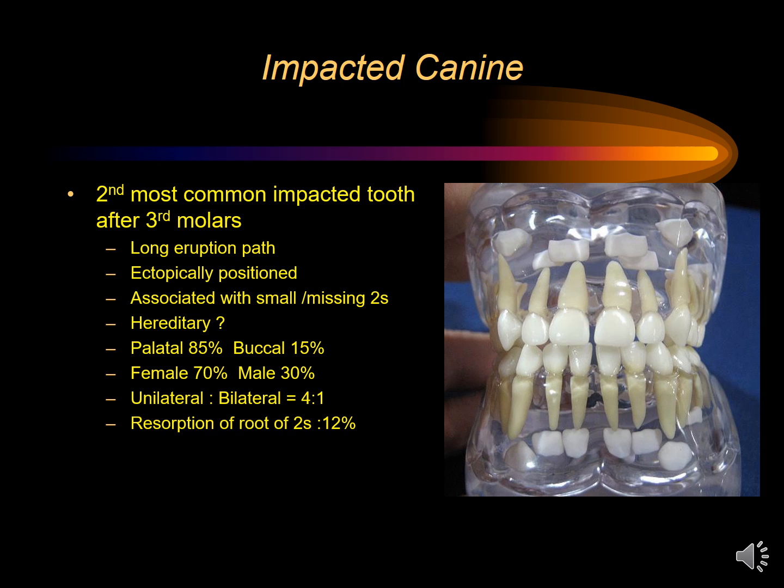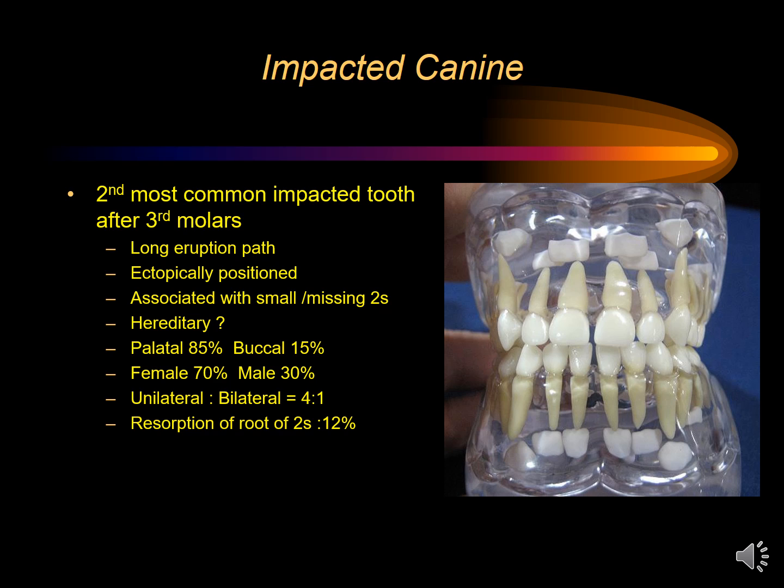Why the canines very frequently get impacted is because developmentally the canine develops close to the nasal floor, and thus it has a long eruption path to reach its final position in the oral cavity.